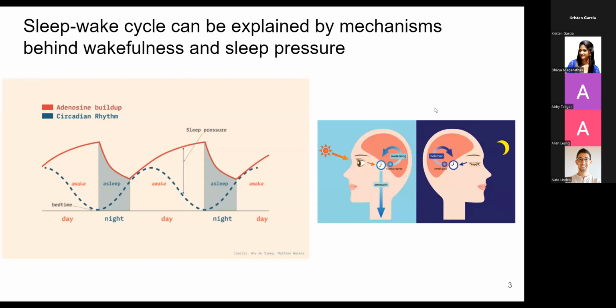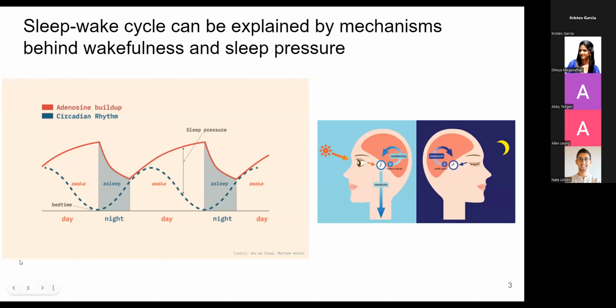It's nice that we understand sleep loosely speaking, but let's get down to some specifics. Interestingly enough, you can model the sleep-wake cycle as a two-process model. This is more or less visualized in this graph, where in red we have process S, which is essentially also commonly known as adenosine buildup.